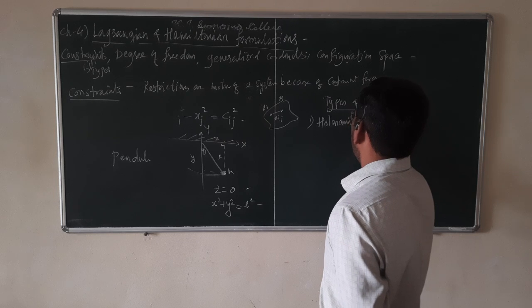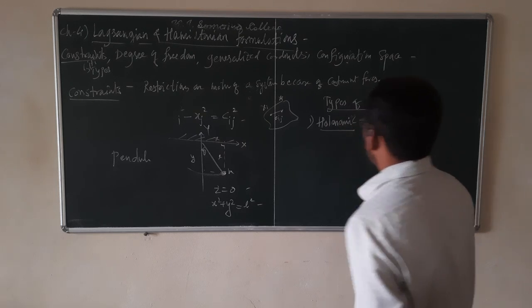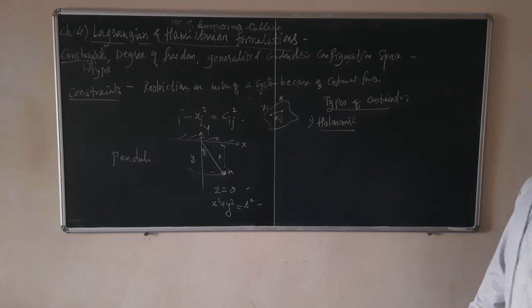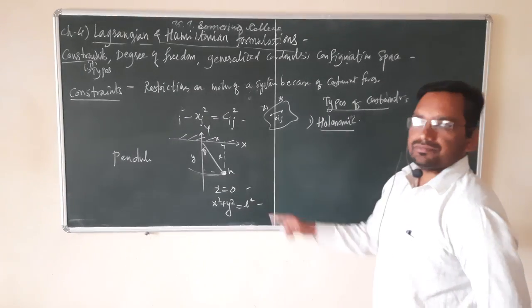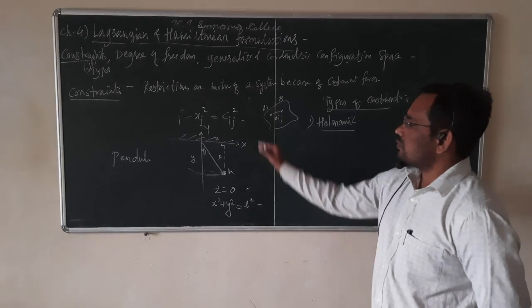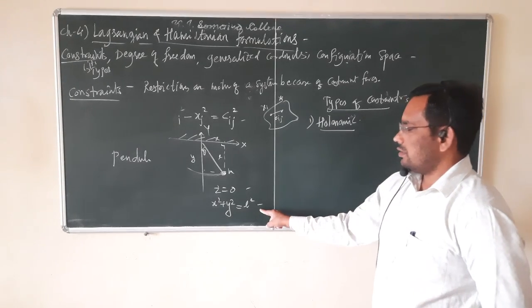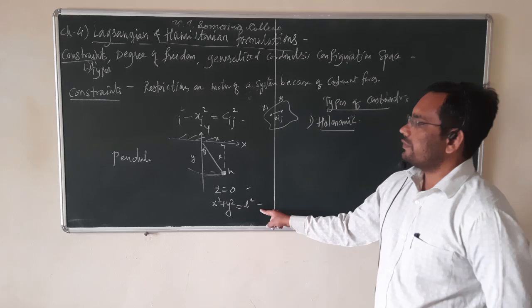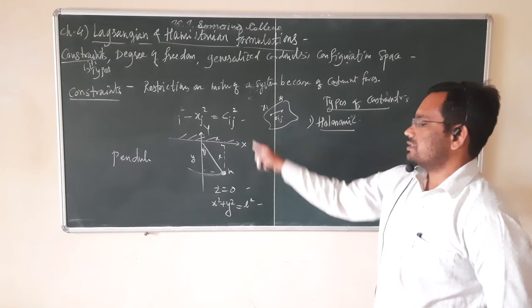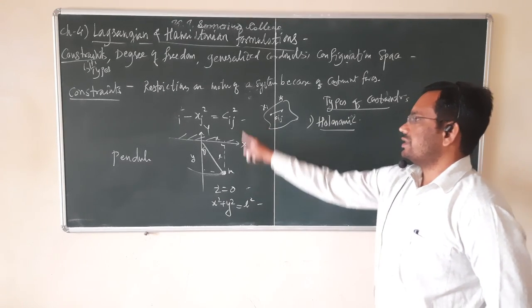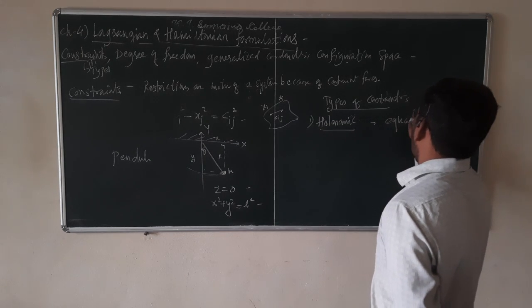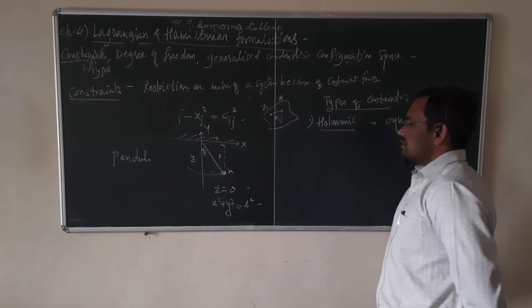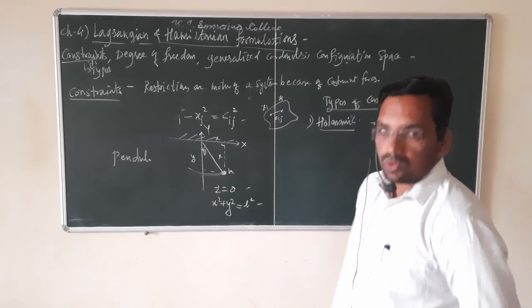What is meant by a holonomic constraint? If constraints can be expressed in the form of equations, here you can see these are the equations, then such constraints are known as holonomic constraints.